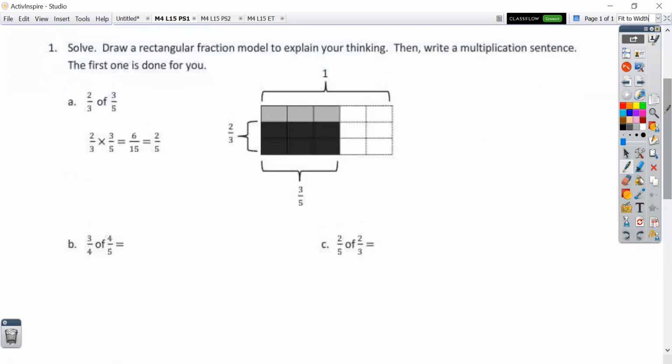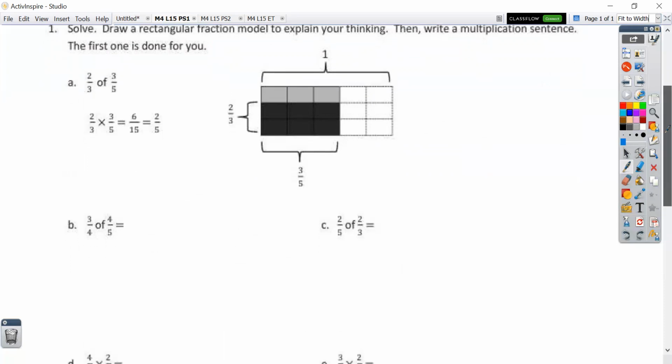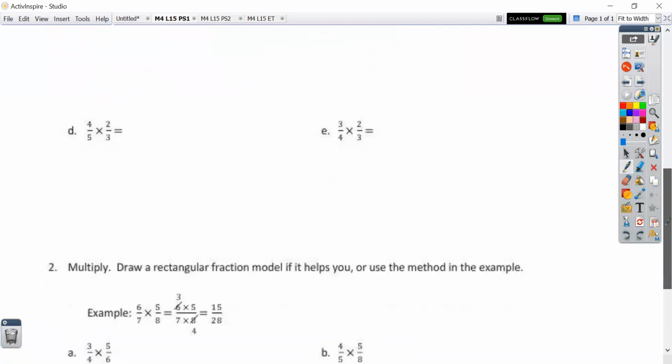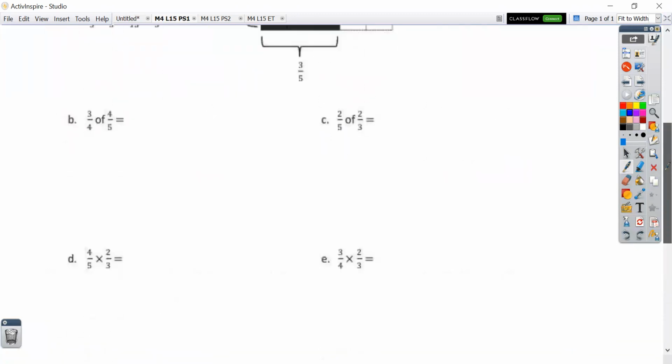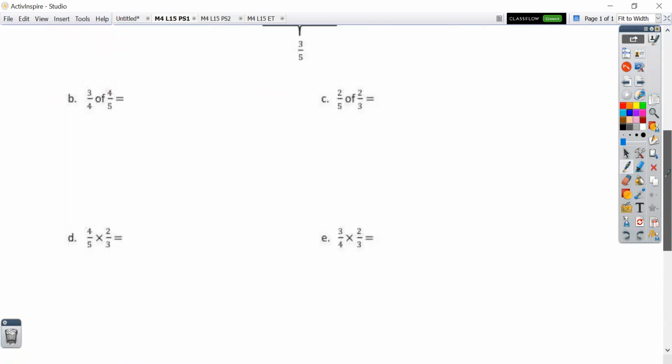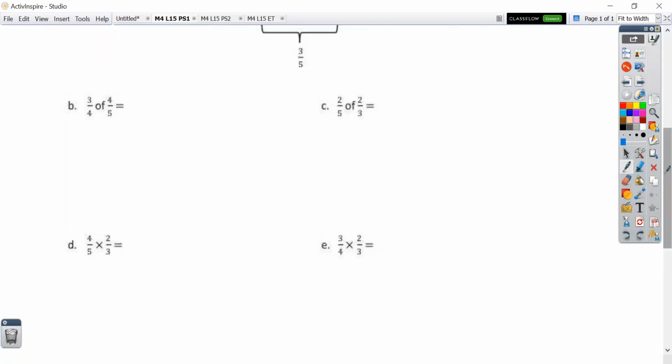It says solve. Draw a rectangular fraction model to explain your thinking, and then write a number sentence to show what you've done. The first one's done for you, so we can always look back. Now, they don't give us a lot of room for our models, so I'd like you to pick 2 of these 4. And I'm going to do E with us.